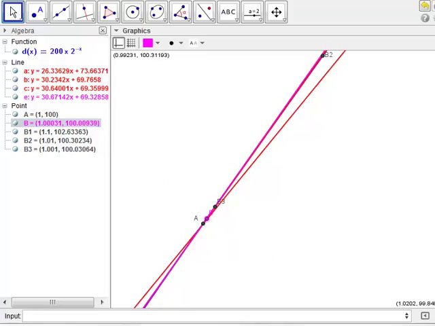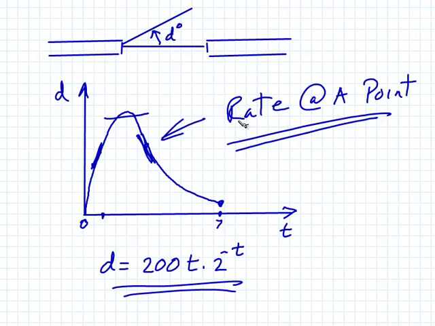Let's go back for a second. So, what do we mean by the rate at a point? The rate at a point is found by taking the slopes between this point and nearby points, and as the nearby points get closer and closer without becoming the point itself, the number that this sequence of slopes approaches is the slope at that particular point.